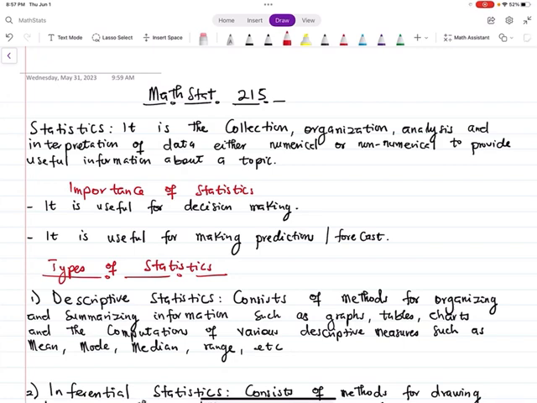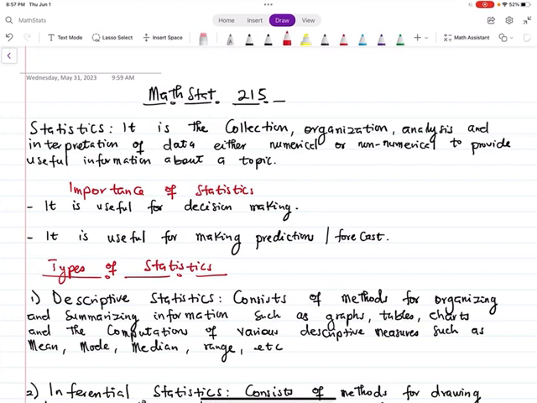So that is about some introduction about statistics, and then the definition for statistics can be seen on the screen here. So we know what statistics is. It's collecting and also organizing, analyzing, and also interpreting data.